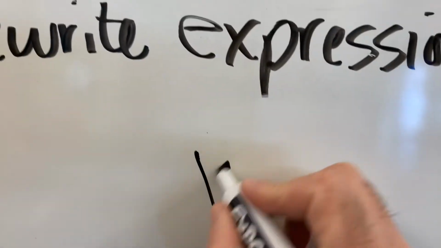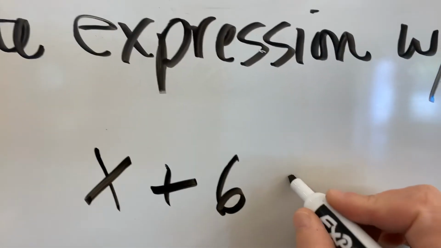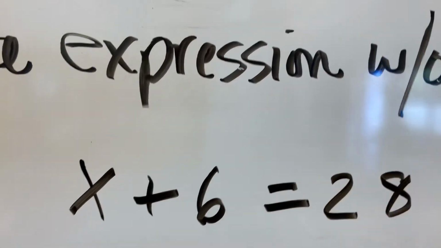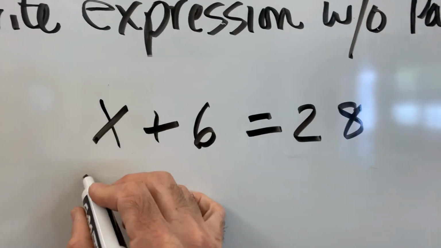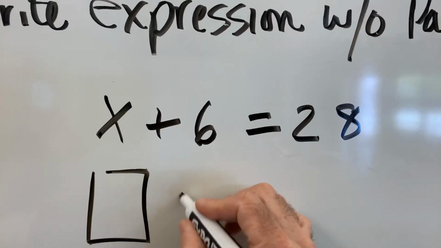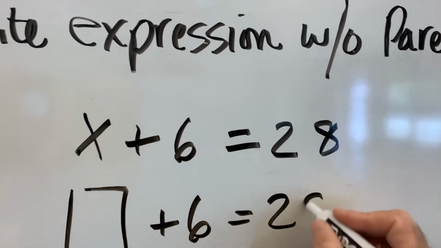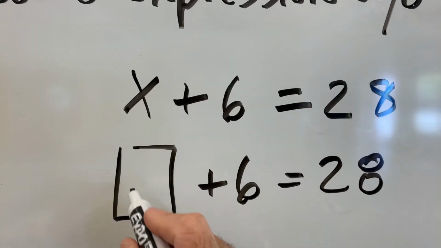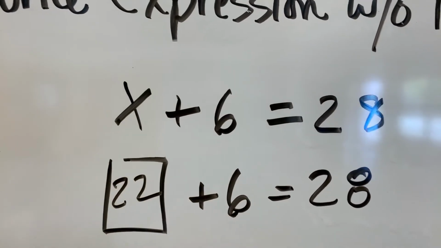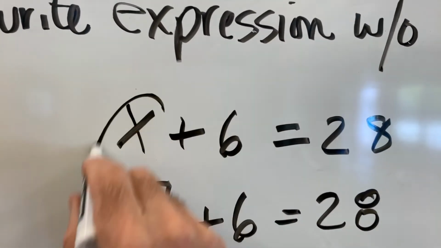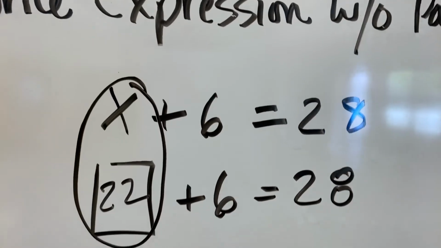Do you agree that if x plus 6 equals 28, a kindergarten teacher might write it as what number plus 6 equals 28? Well, I think we all recognize that it would be 22. So x's value is 22.